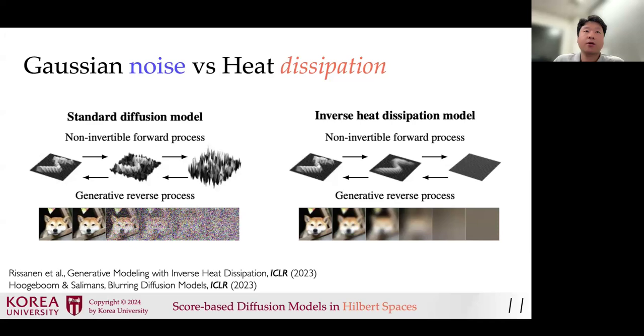And this approach has already been introduced in discrete time models in inverse heat dissipation and blurring diffusion, which were presented at last year's ICLR conference. So then can we interpret these diffusion models in the SDE framework in the Euclidean space?